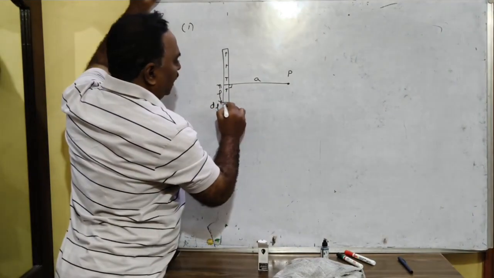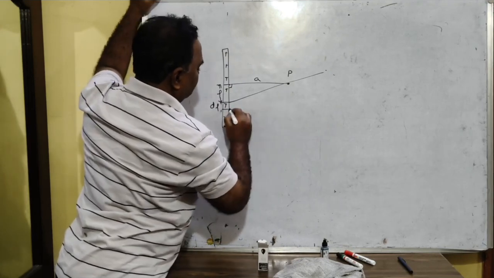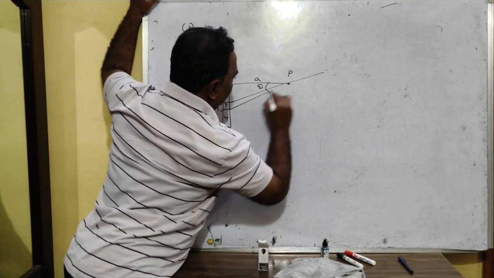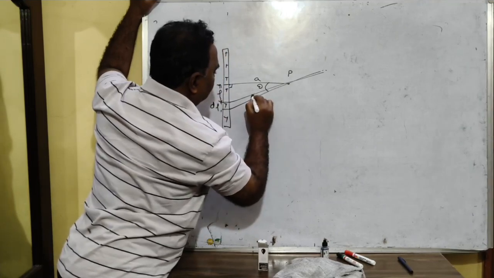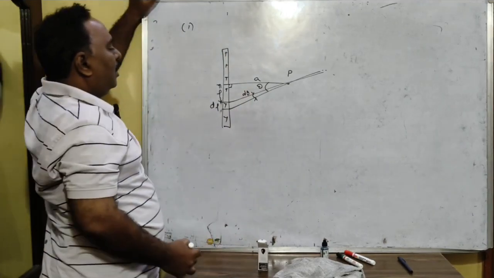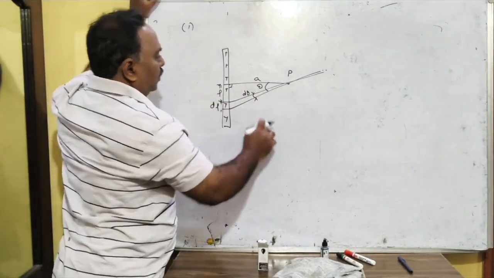Now this small element will be subtended at the point P, such that here is the angle theta and this small segment makes angle d theta. Therefore length we know, A we know, theta also we know.